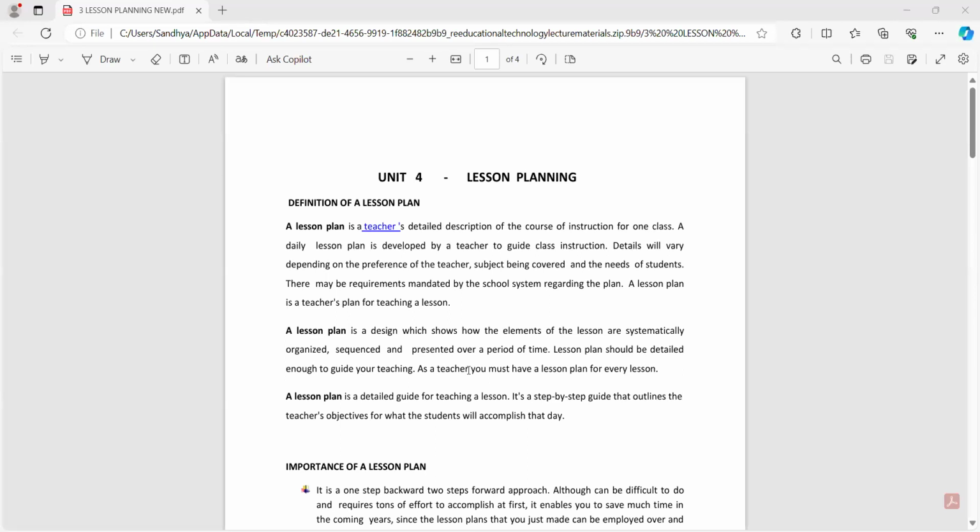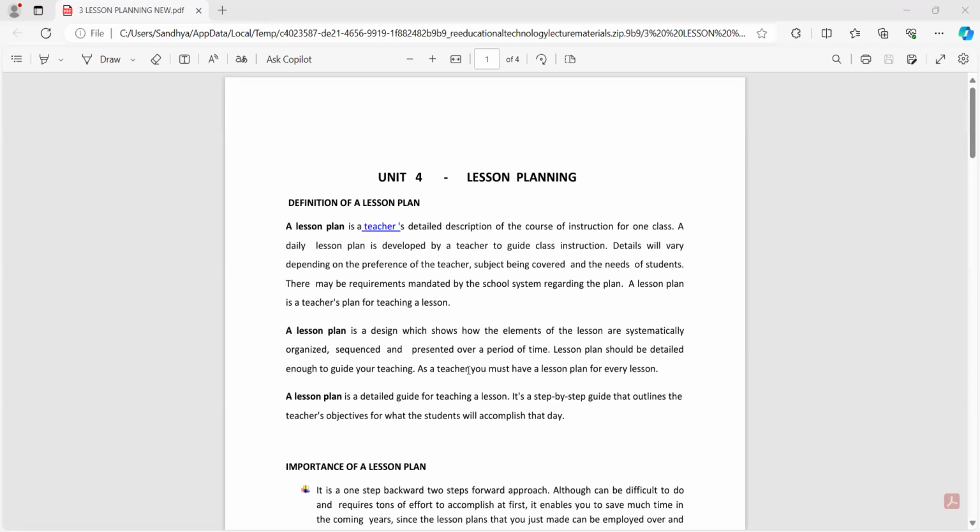At the end of the period, once you finish your instructions or teaching, what the students will be able to do. They are termed as lesson objectives, right? Lesson objectives, what the students will be able to do, accomplish, right?